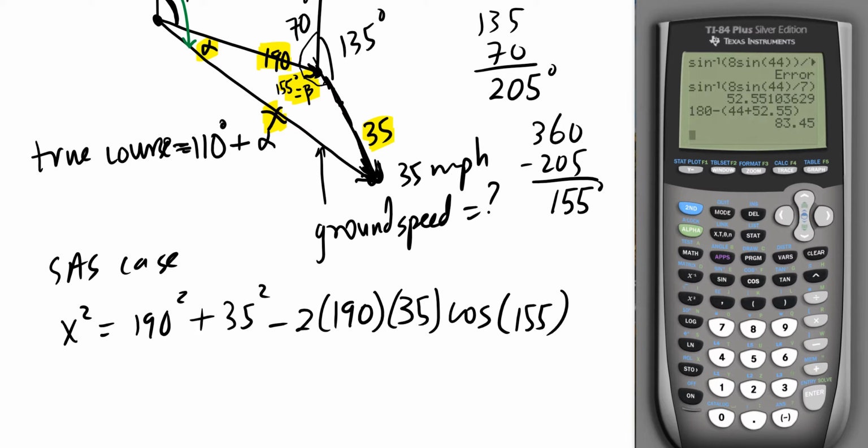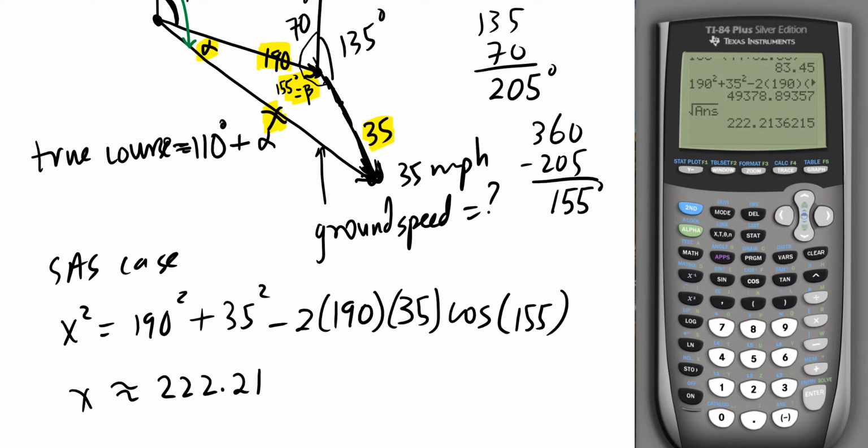First, we calculate 190 squared plus 35 squared minus 2 times 190 times 35 times cosine 155, and that gives us this number, and then we take the square root of that. So x is about 222.21 miles per hour.